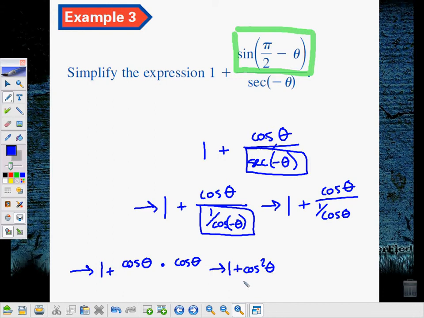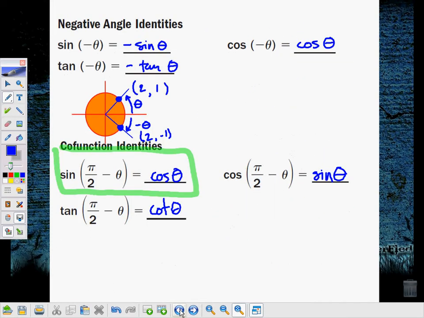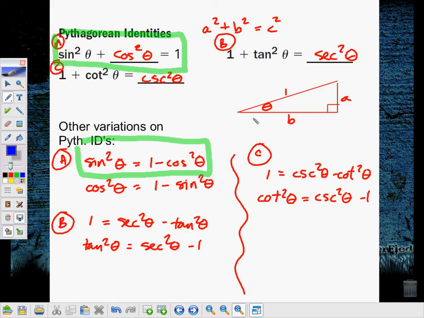And as I mentioned a moment ago, whenever I see something squared, I'm thinking Pythagorean identity. So I'm going to scroll back to my Pythagorean identities, and I see sine squared plus cosine squared equals 1. I also see cosine squared equals 1 minus sine squared.